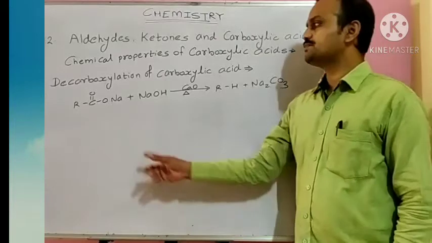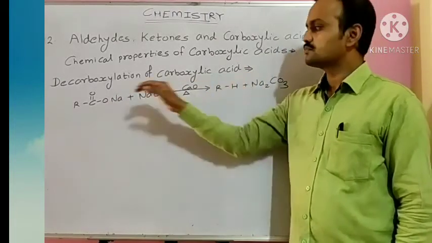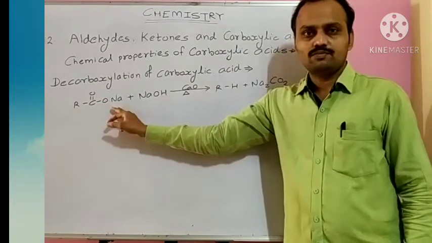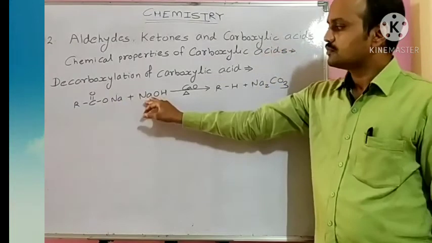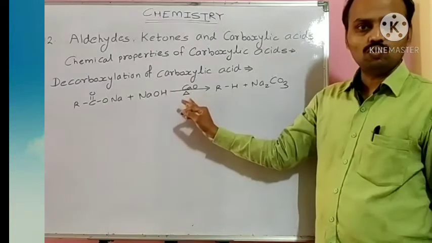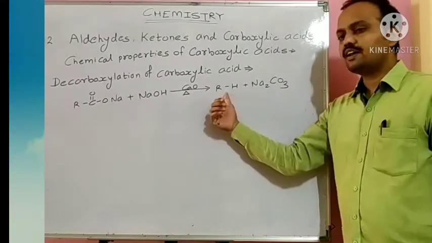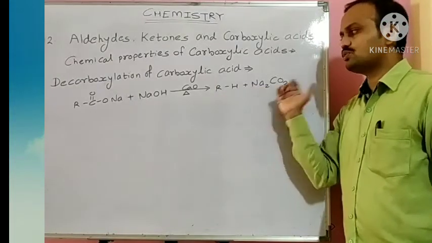This property is decarboxylation of carboxylic acid. We have RCOONa, which is sodium salt of carboxylic acid, reacting with NaOH in presence of CaO and heat. What we get? We get RH, which is alkane, plus Na2CO3.